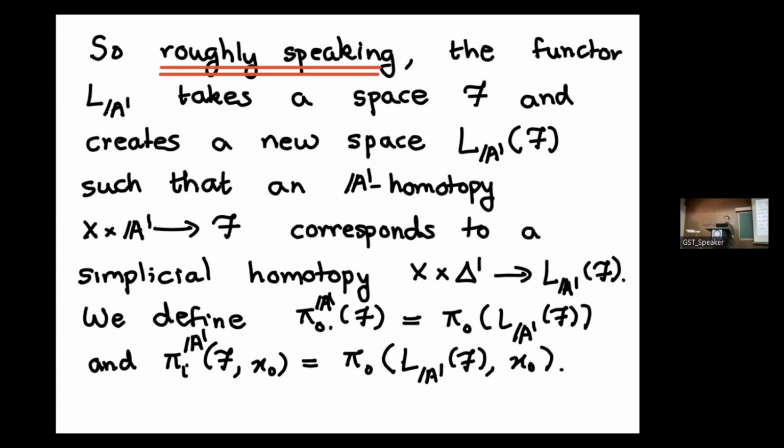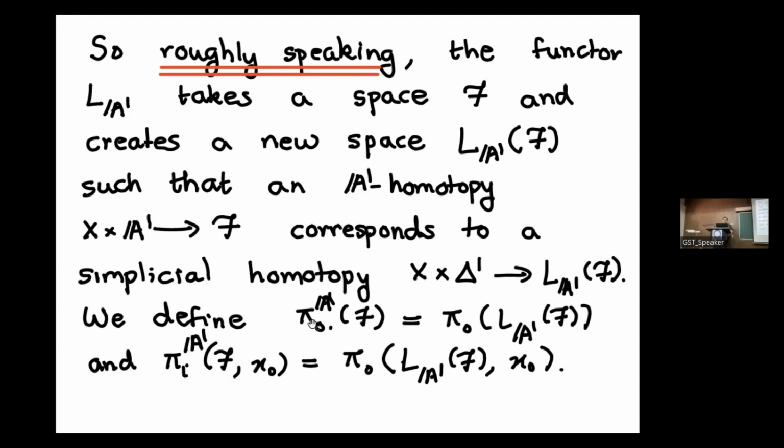So that is what we do. We first replace F, a given simplicial space, by its A1 fibrant approximation L_A1, and then we calculate its pi i sheaf. That is the A1 version of pi i.